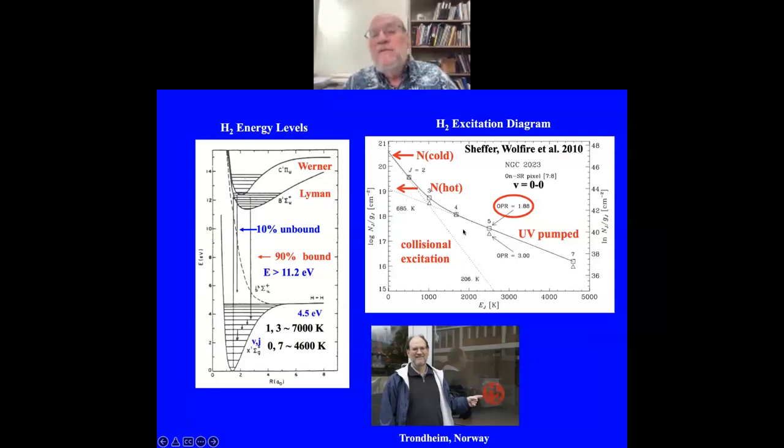You can also get a temperature for these upper UV pumped transitions, but that's not really a gas kinetic temperature, but it does tell you something about the excitation of these levels. If you go down to 0 here, you can get an estimate of the column density in the cold gas and a column density of these upper UV pumped levels. You can also get an estimate of the ortho to para ratio by finding the factor which puts all these observations on the same line.